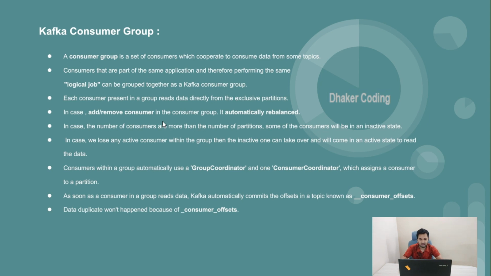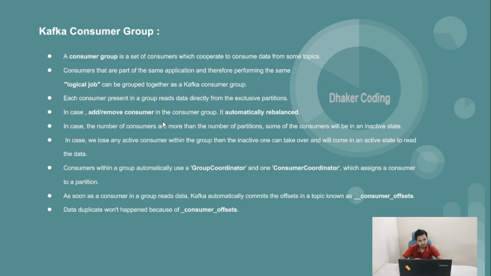Each consumer present in the group reads data directly from particular partitions. If you have multiple consumers, it never happens that two consumers read from the same partition of the same topic.